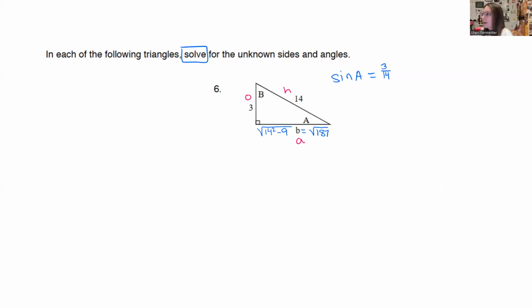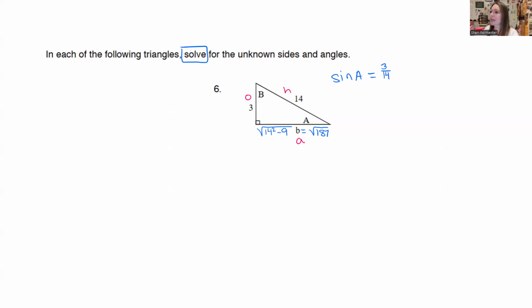Well, my goal is to find the angle. And right now, the angle is over here stuck next to sine. So the only way you can move anything across the equal sign is to do the inverse. When you're multiplying, you divide. When you're adding, you subtract. When you're squaring, you square root. Well, if I'm to have sine on one side and I want to move it to the other, I have to do inverse sine.